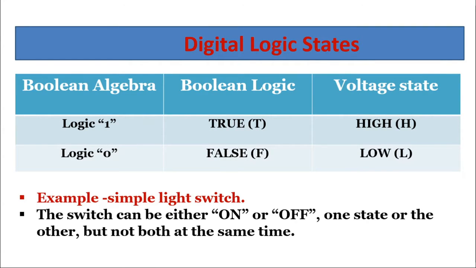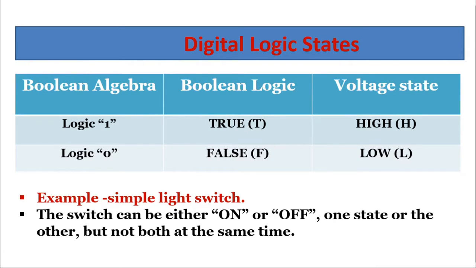Digital logic states. In digital logic design, only two voltage levels or states are allowed, and these states are generally referred to as logic 1 and logic 0, or high and low, or true and false.